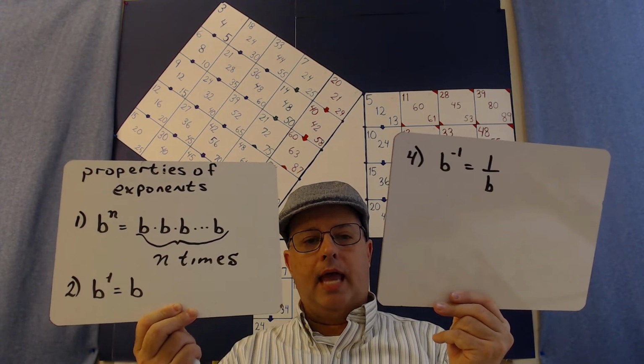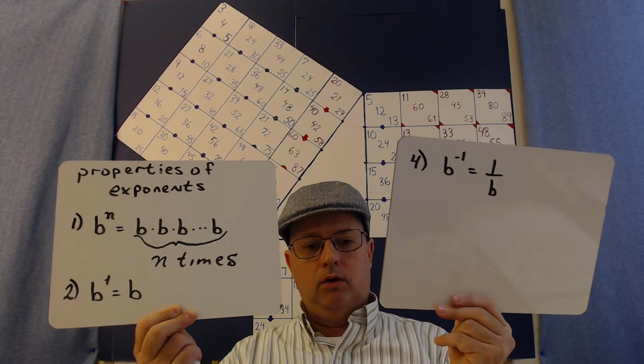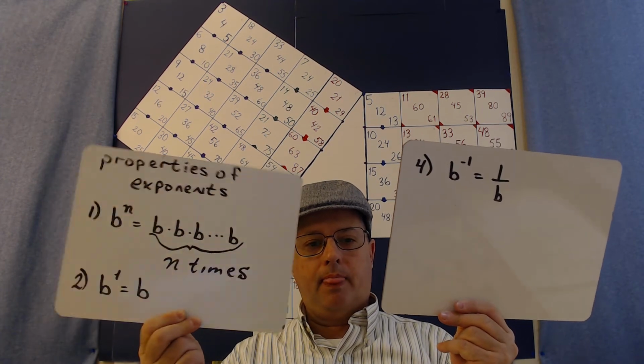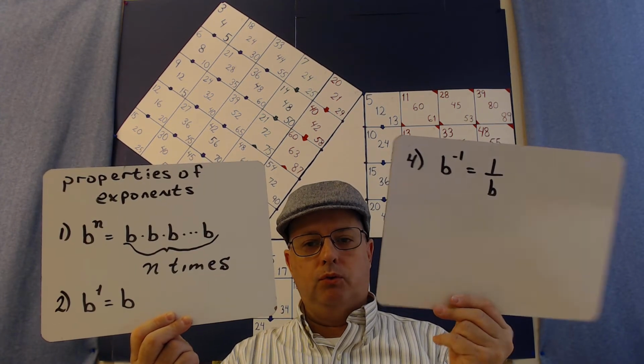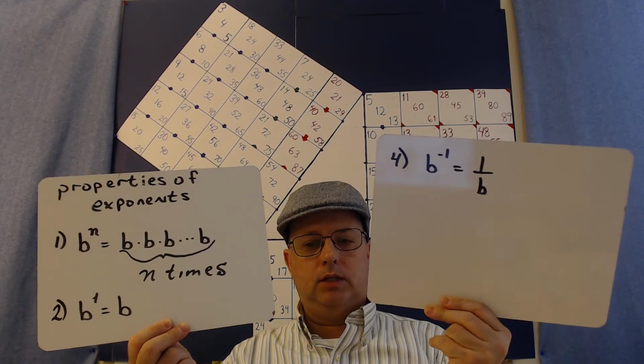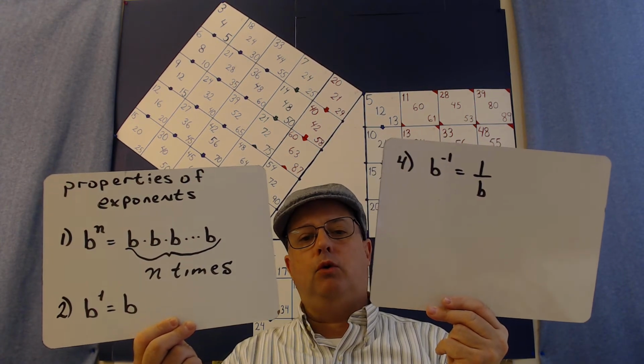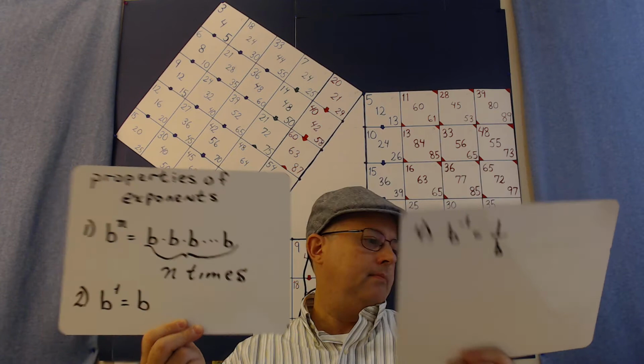Exponents have the power to multiply or the power to divide. That's what exponents do. They don't have the power to make things negative.